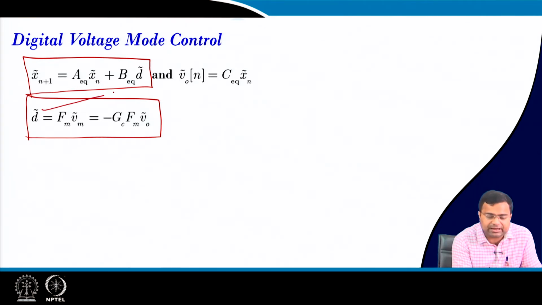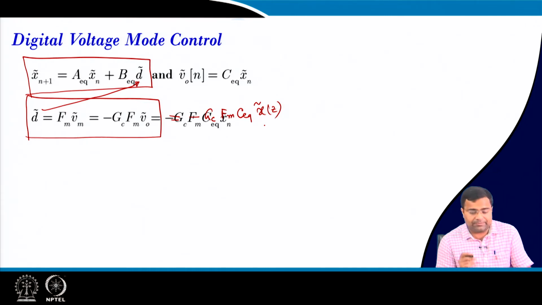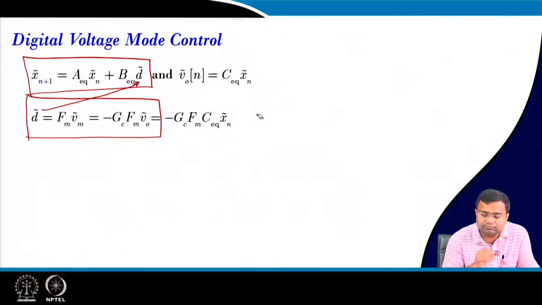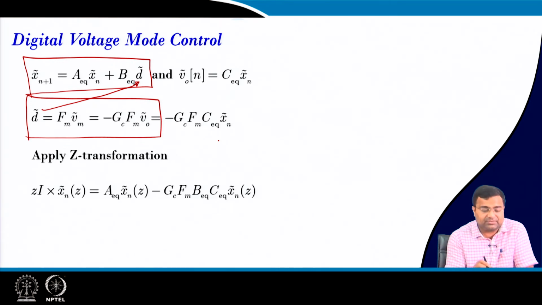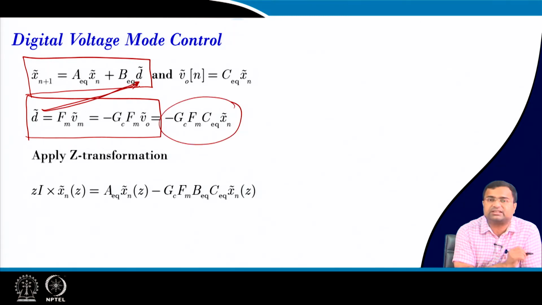So, we can substitute here, and we further know this is nothing but minus Gc Fm into C equivalent into xz, and if you substitute, okay, so this is there, that means we can erase this part. Then we apply Z transform, since originally it was in time domain.